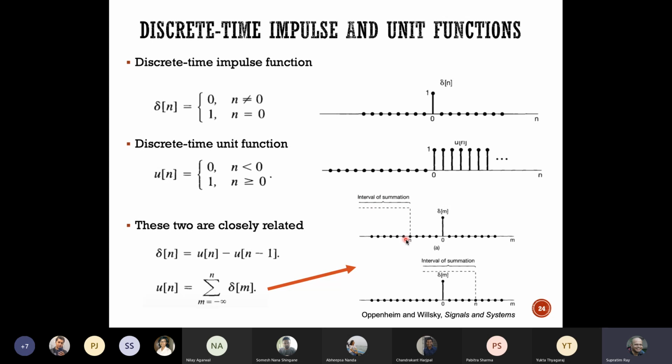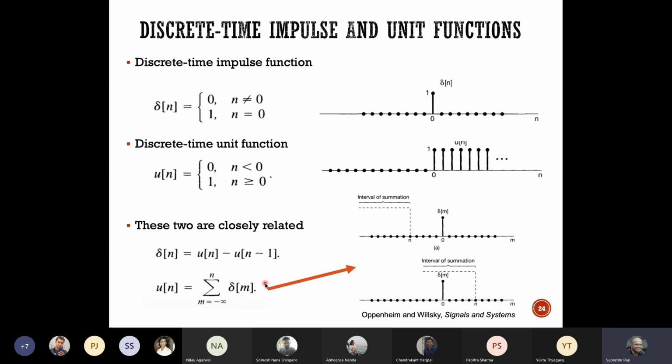When the interval of summation goes past 0, the sum is 1. That's what it is. I'm not shifting the samples. This is the delta function, and I'm summing the values from minus infinity to n, where this n could be either less than 0 or greater than 0. Okay? That's fine?